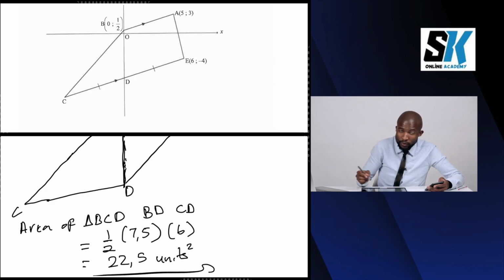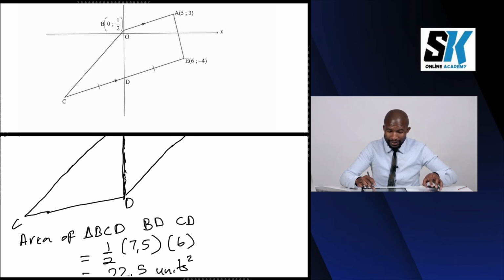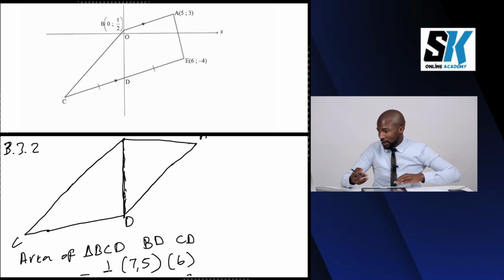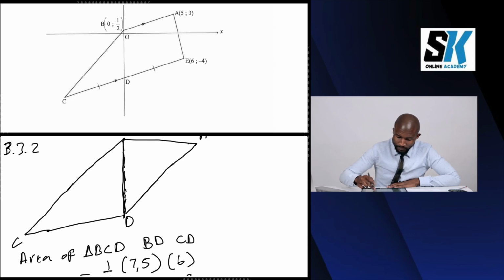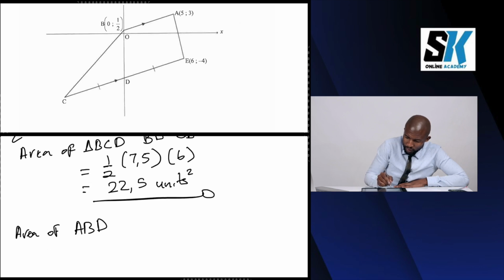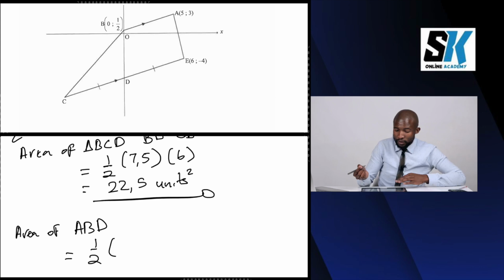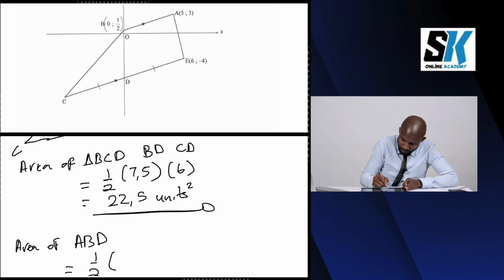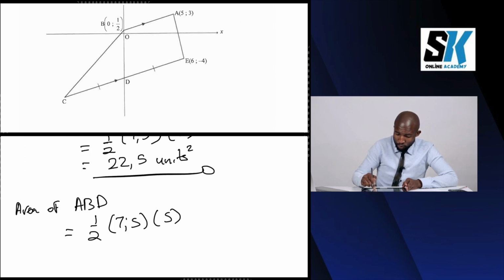So we are not done yet. We are also going to look at another triangle that makes up that quad that they told us, which is ABCD. So we're going to find the area of triangle ABD as well. We're going to do the same thing. We're going to say half, and then you're still going to have that 7.5, multiplied by 5.